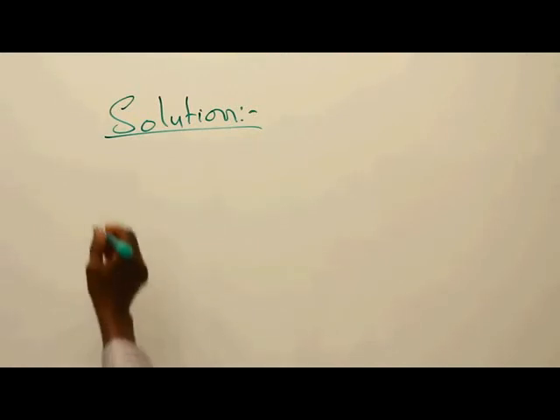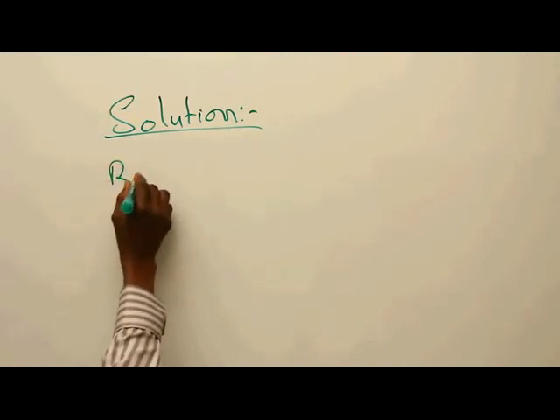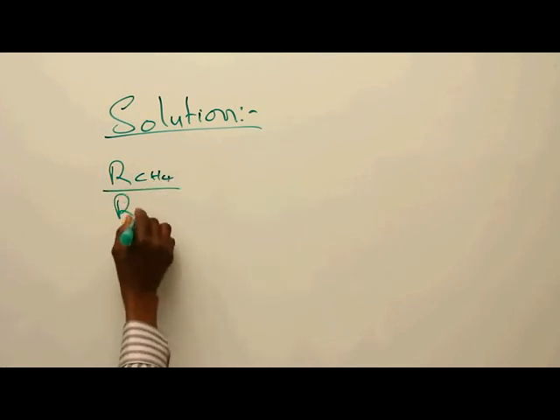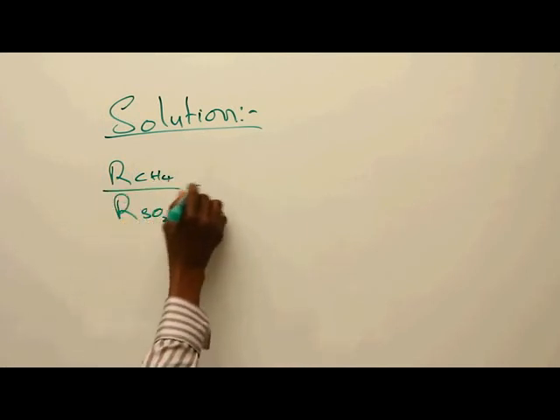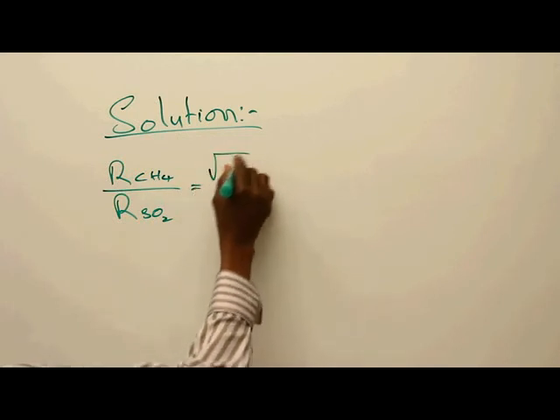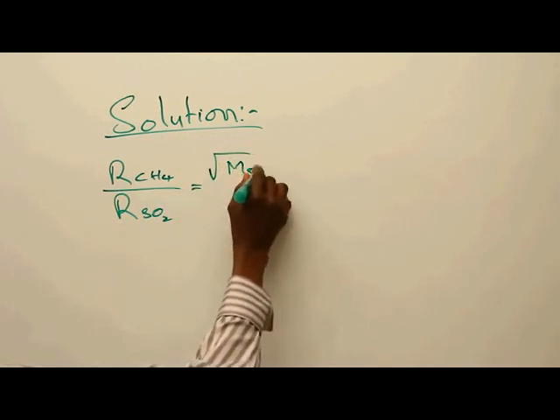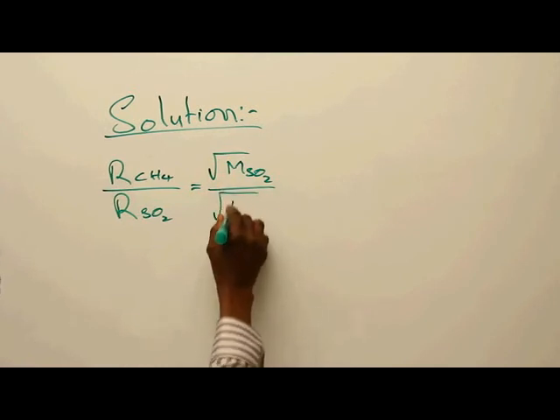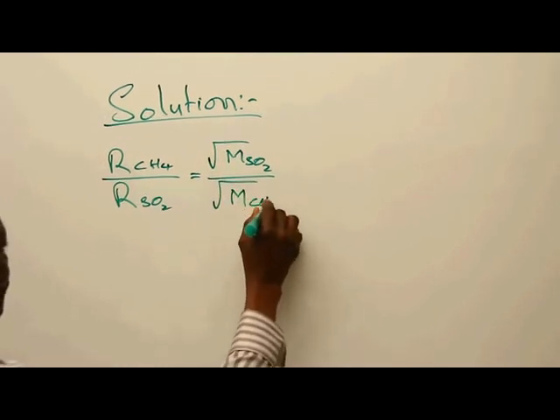We make use of the formula: rate of diffusion of methane divided by rate of diffusion of sulfur 4 oxide is equal to the square root of relative molecular mass of sulfur 4 oxide divided by the square root of relative molecular mass of methane.